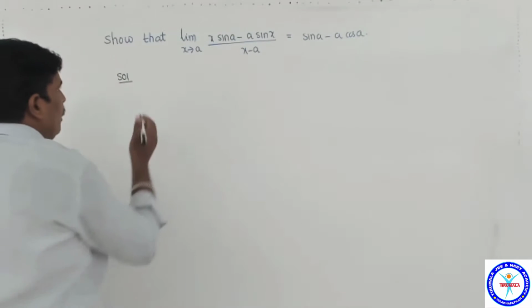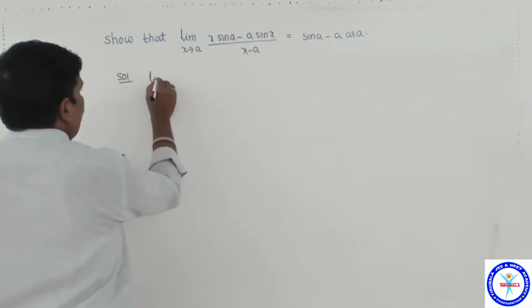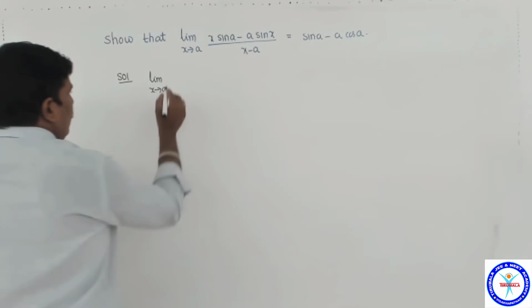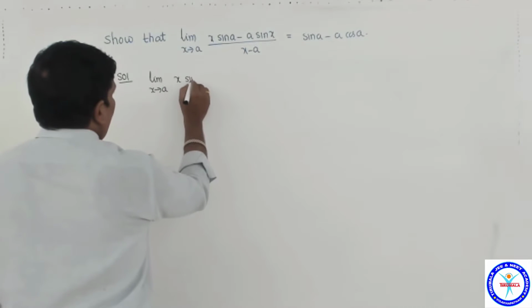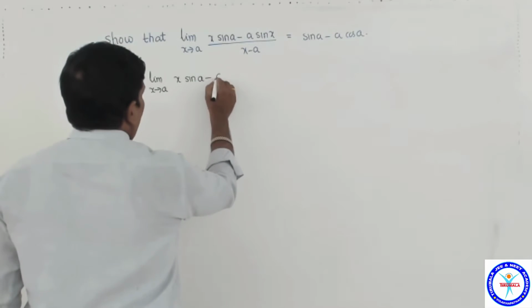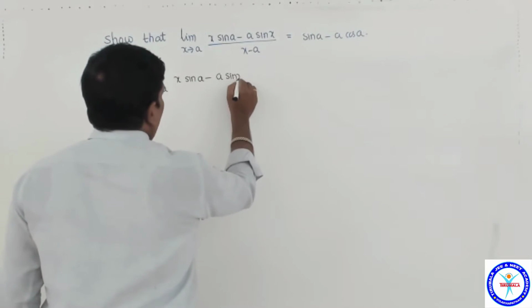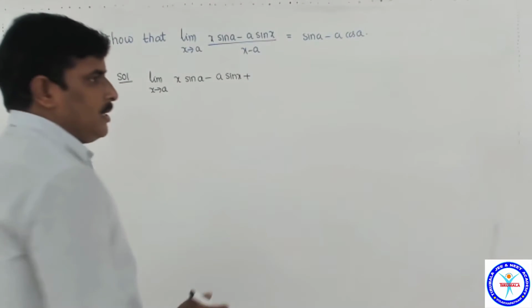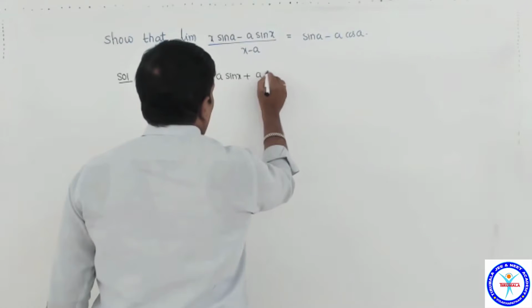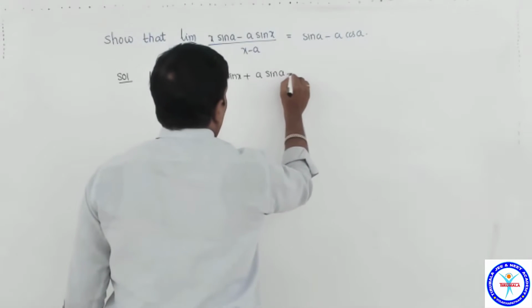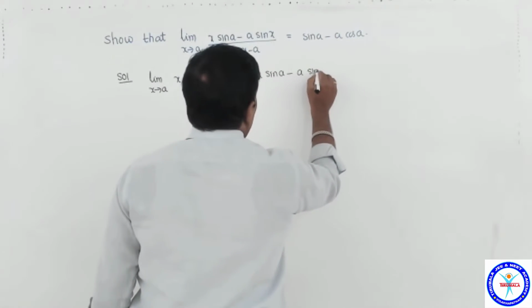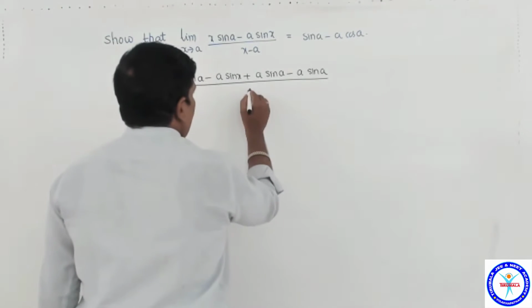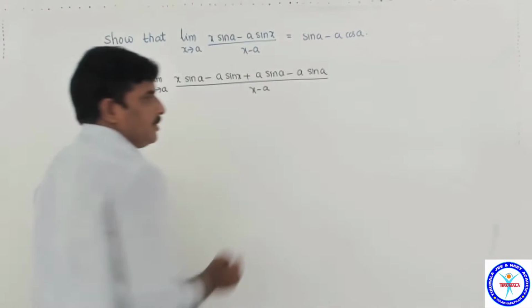So now limit x tends to a of (x sin a minus a sin x, plus a sin a minus a sin a) divided by (x minus a). We just have to write the terms.